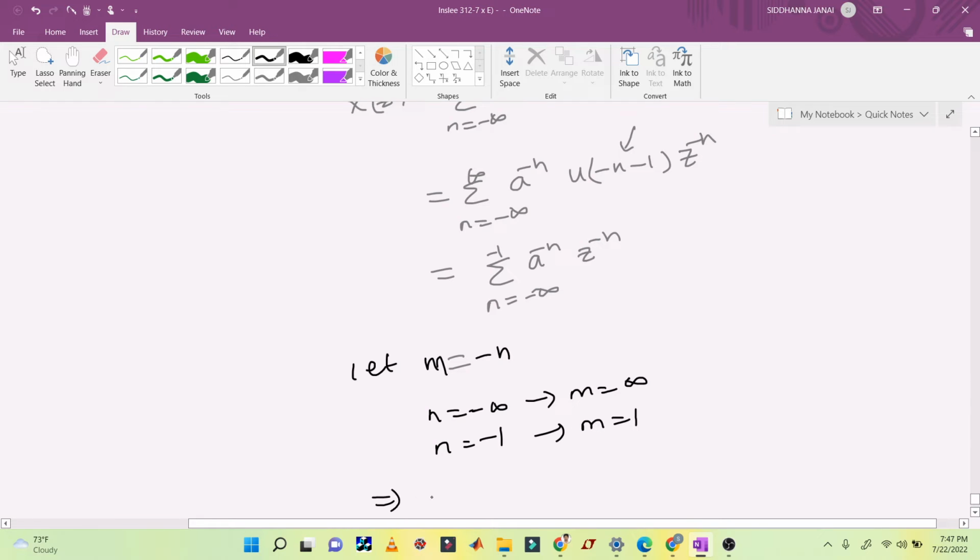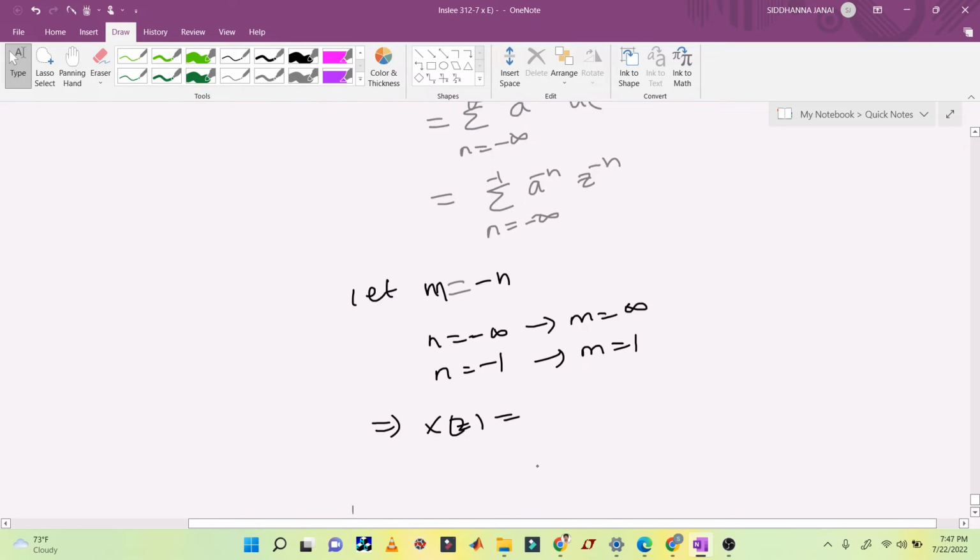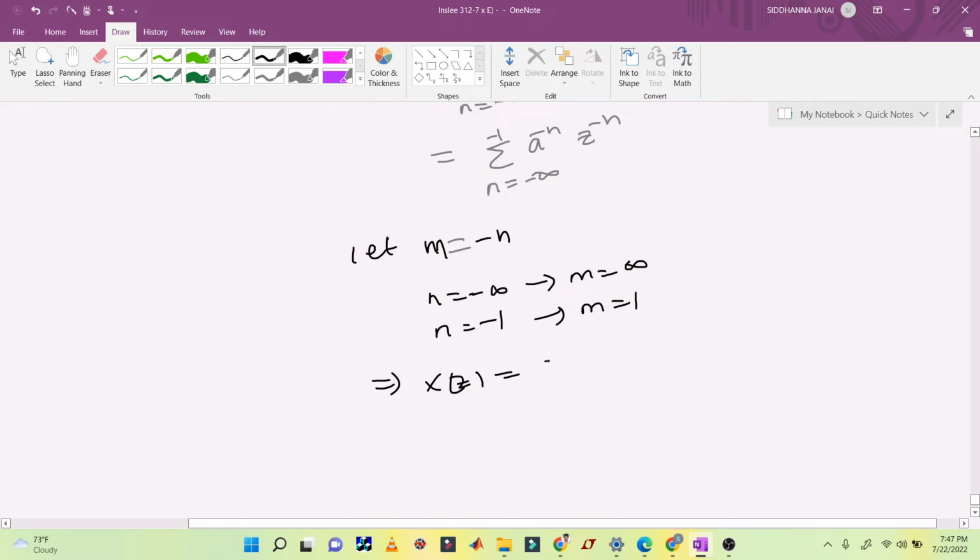So using this we can write x of z is equal to summation m equals infinity to 1 a to the power m z to the power m. So this we can write as summation m equals 1 to infinity a to the power m z to the power m.